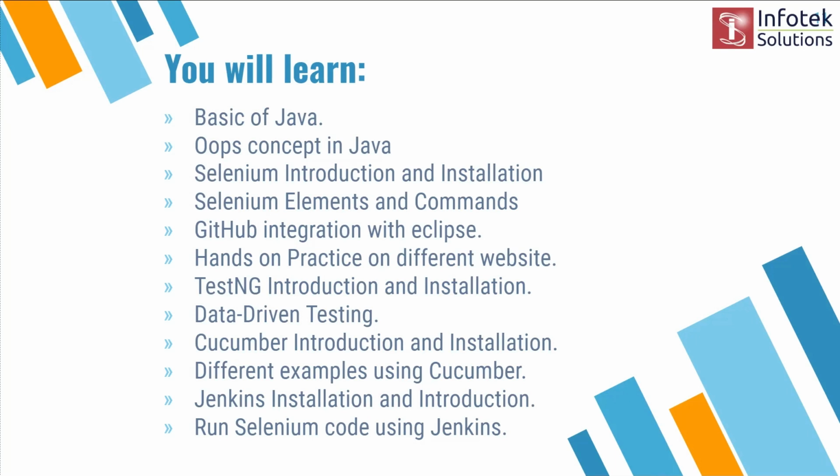Once you are done with Cucumber, then we will talk about Jenkins. You'll see the installation and the introduction of Jenkins. We'll try to run some Selenium code on Jenkins. So you see, you're getting lots of things in this training. You'll cover most of the important parts that are usually asked in interviews, and that's needed for a tester to perform testing.